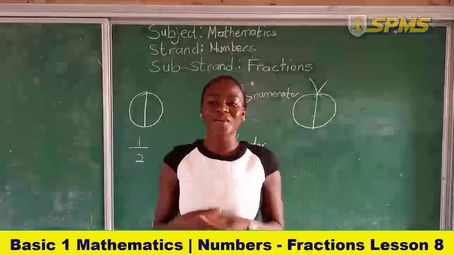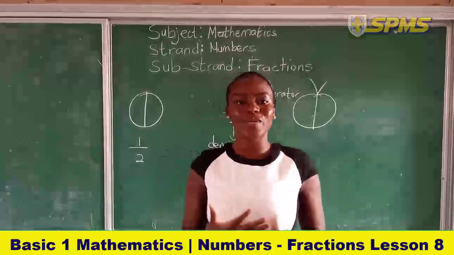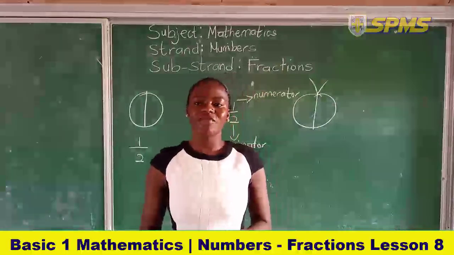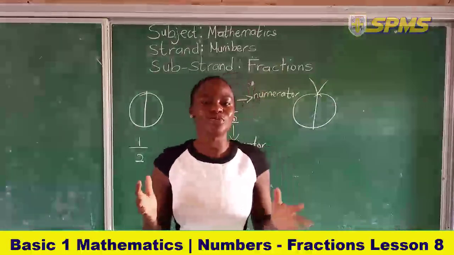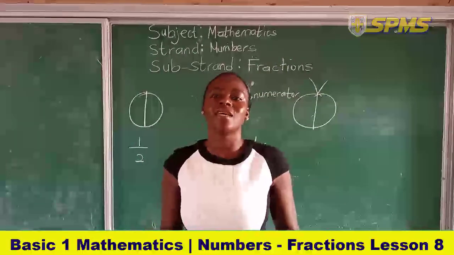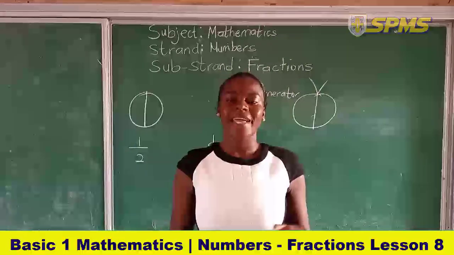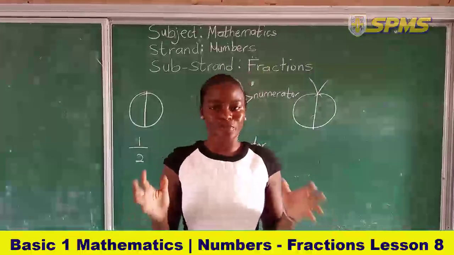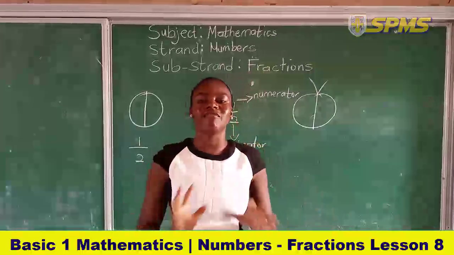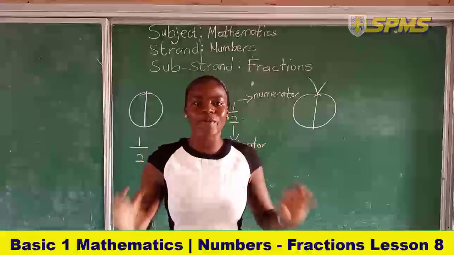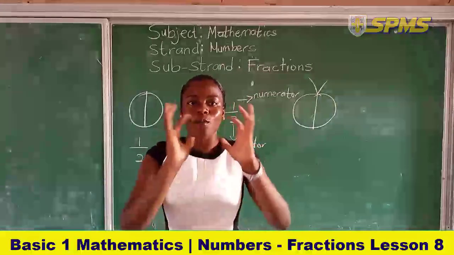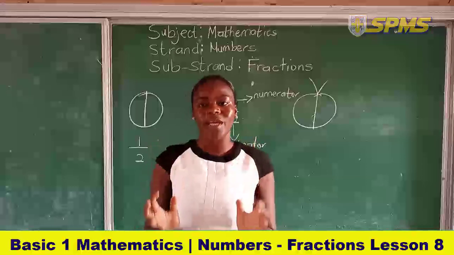So children, what did we talk about today? Today we said we have half. When it comes to fraction, it means something that shows parts of a whole. Anything that shows parts of a whole. And whole is a very complete object. When you have a full thing, a complete thing, we call it whole.